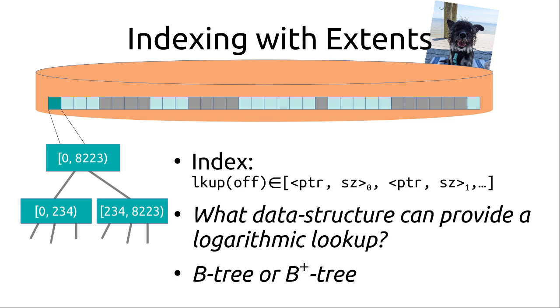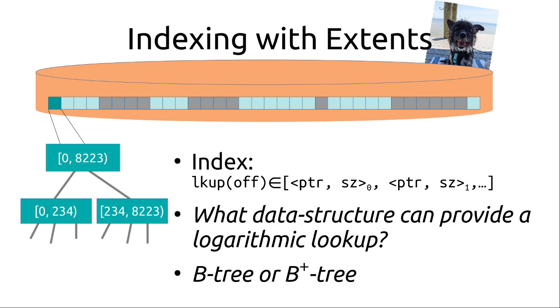Here I've only drawn 2, and you can see the left node within the B tree tracks the range of the file from 0 to the 234th block within the file, and then that second node tracks between the 234th block to the 8223rd block. I kind of generated these numbers randomly, but because extents can be fairly arbitrarily sized, these numbers do end up looking fairly arbitrary in a lot of these trees.